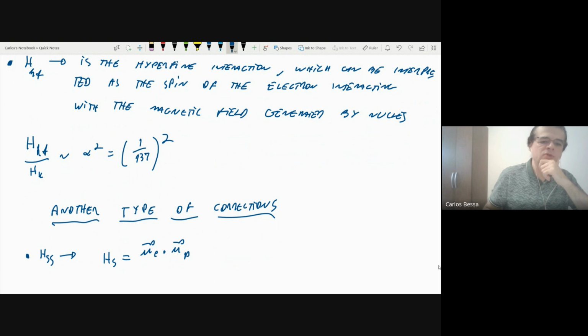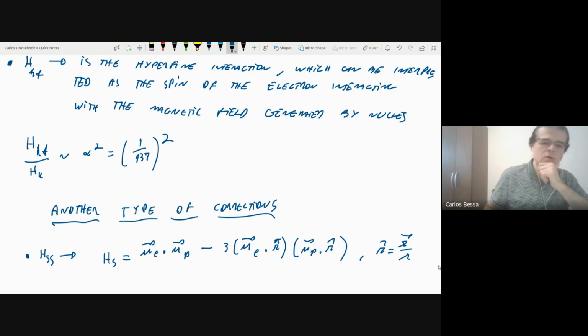So the magnetic moment for the electron and the magnetic moment of the proton. And we have this: scalar product, unit vector r, divided by r to the 2.